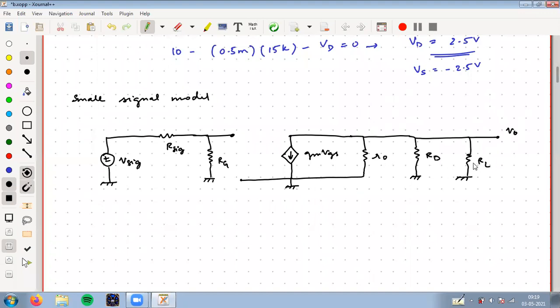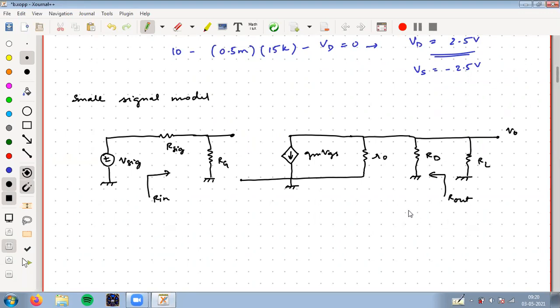So the second part says find Rin, find AV0, find Rout, and G, right? So Rin is this distance, and this is Rout. Okay, Rin and Rout.